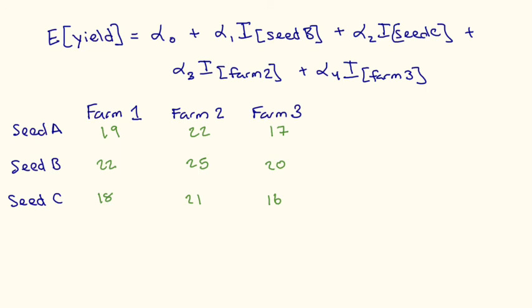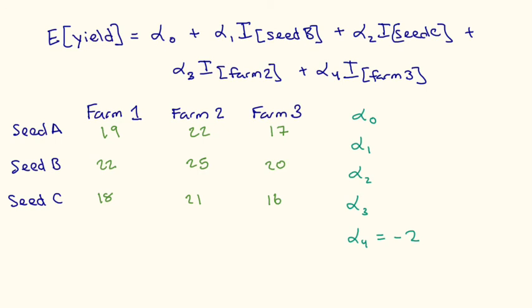And then we need to try to figure out what these alphas are. So what are these parameters? I've done the first one for you. If you look here, alpha 4 is the indicator for farm 3. So that's the added effect of being on farm 3 compared to farm 1 for the same seed type.